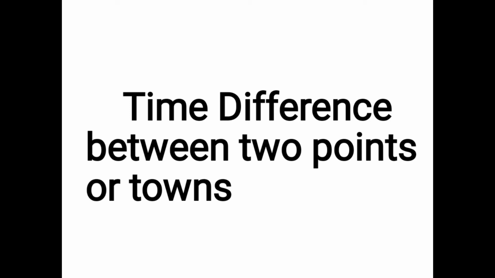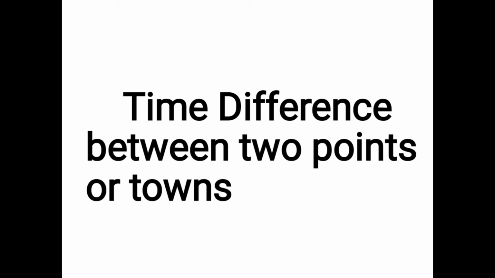What will be the time in China? What will be the time in America? The time might be different. So it's important we learn the skill to understand how to find the time differences between towns on the Earth's surface.